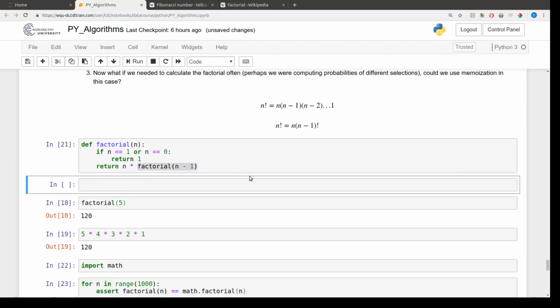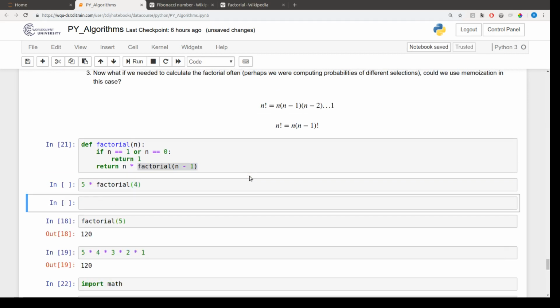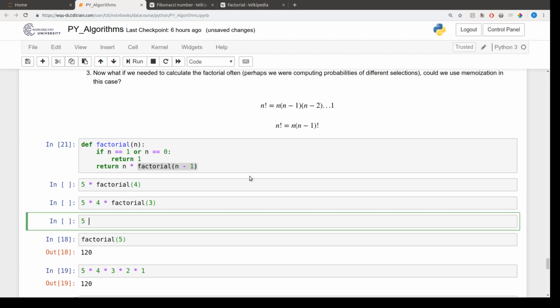Because 5 times factorial 4 becomes 5 times 4 times factorial 3 becomes 5 times 4 times 3 times factorial 2. We're not getting any repetition here.